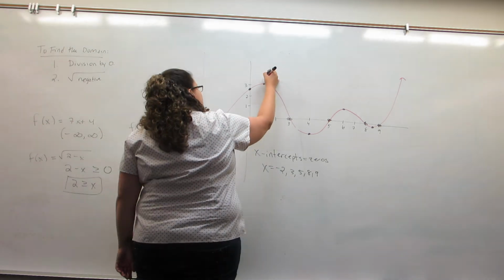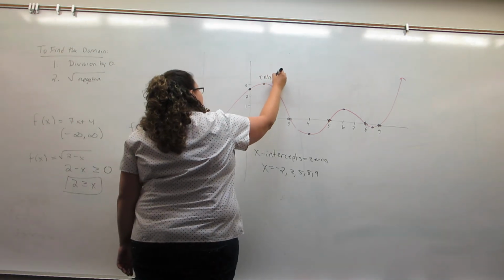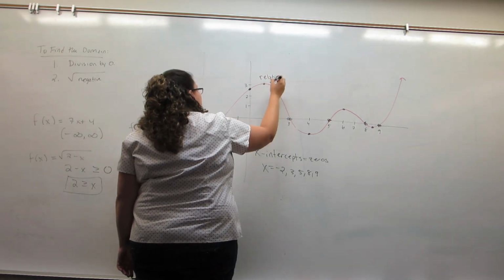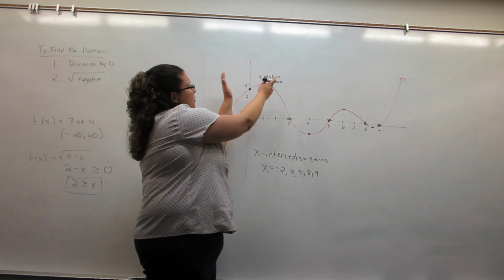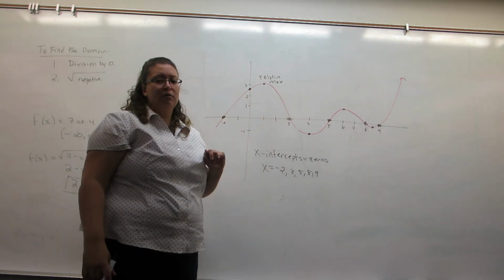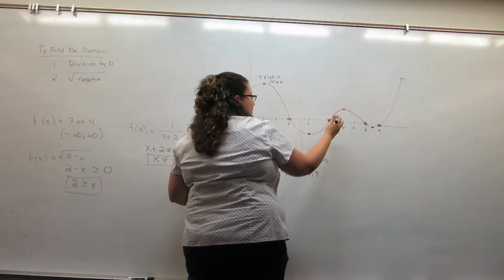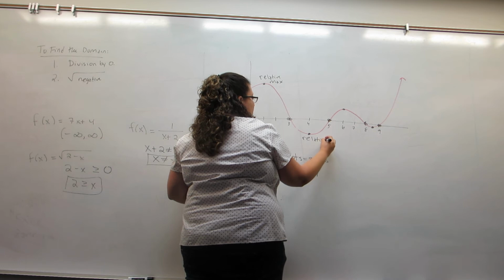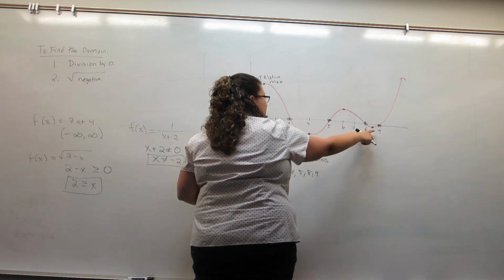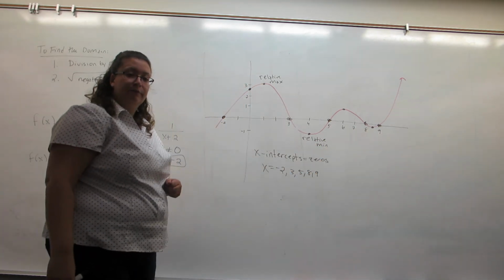What we call them instead is a relative maximum. Because close by this little point, it is the highest point on the graph. So we have 2 relative maximums and 2 relative minimums on this particular graph.